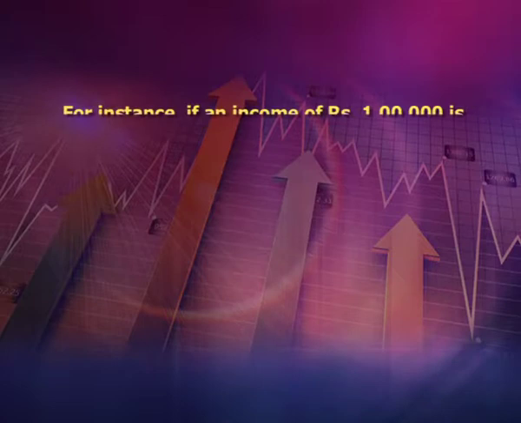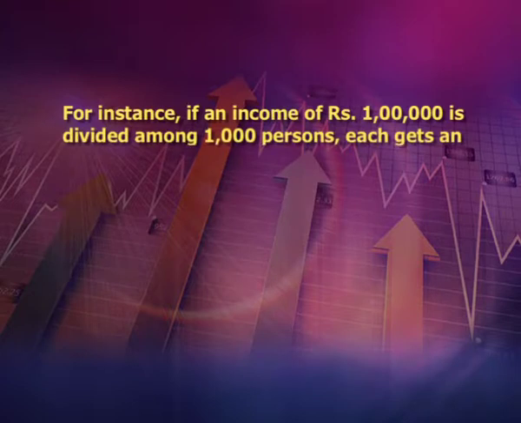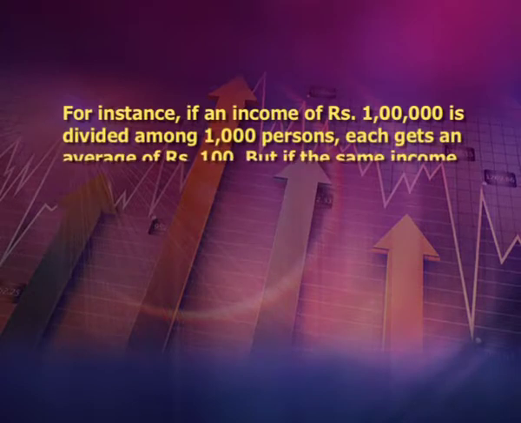A higher per capita income means the average income per person is higher and therefore indicates greater production or availability of goods per person. However, per capita income is only a mathematical average and in reality some people might be receiving much higher income than this average, while many others may be receiving much lower income than this average. For instance, if an income of rupees 1 lakh is divided among 1000 persons, each gets an average of rupees 100.